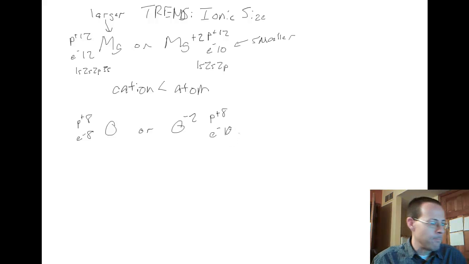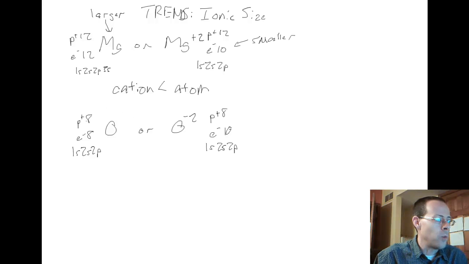Same question. Oxygen has 1s, 2s, and 2p electrons, and similarly oxide has 1s, 2s, and 2p electrons. So now we can't just decide based on which has fewer orbitals, because they both fill the same orbitals. Now it's really based on what the protons can attract.